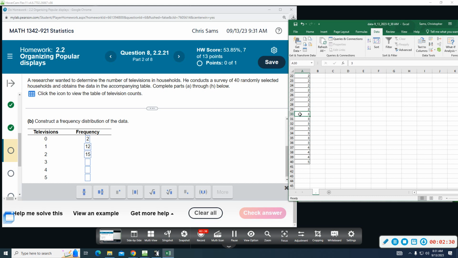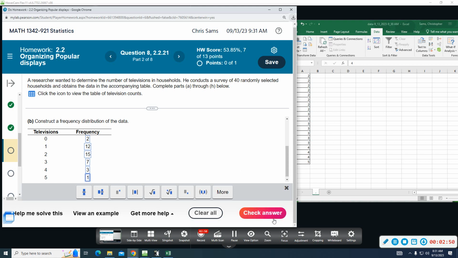Count the number of 3s. So starting here is 1, 2, 3, 4, 5, 6, 7. 7 with 3. Number of 4s is 1, 2, 3. And then the number of 5s, 1.